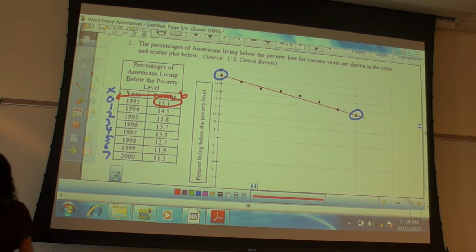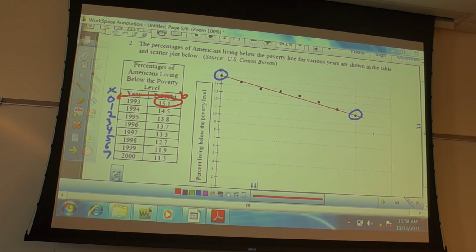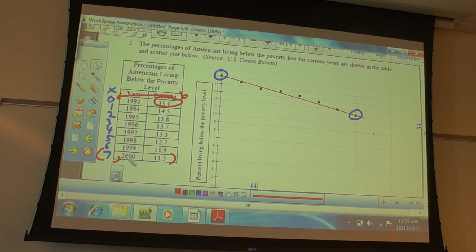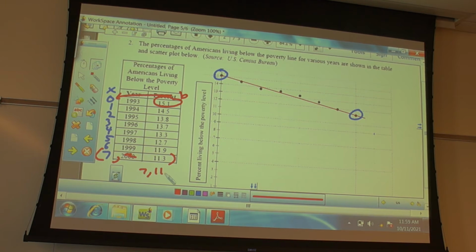Everyone write it down, and then check with your neighbors, confirm you have the same thing. 7, 11.3.